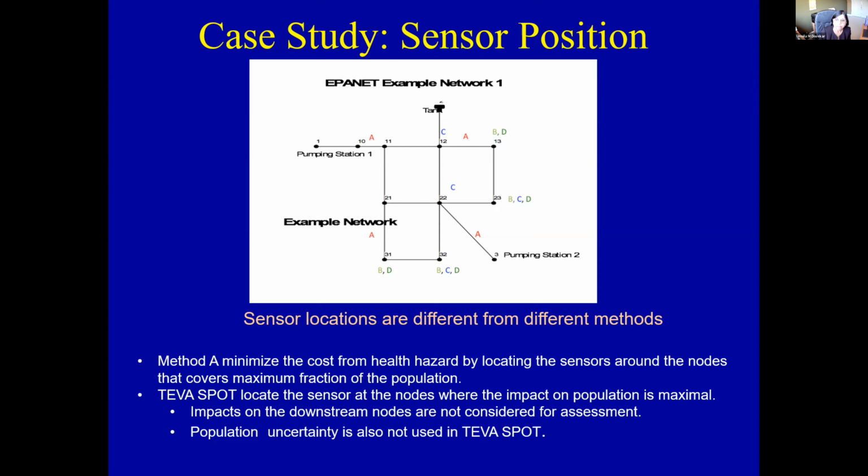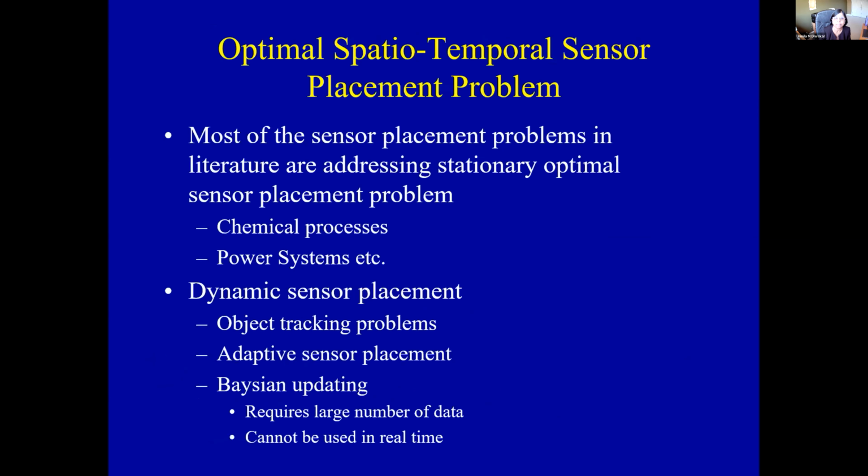So with this, I'm going to shift to another example related to dynamic sensing. As I said, dynamic sensing is important because most of our sensor networks are going to be dynamic now, and that needs real-time optimization.